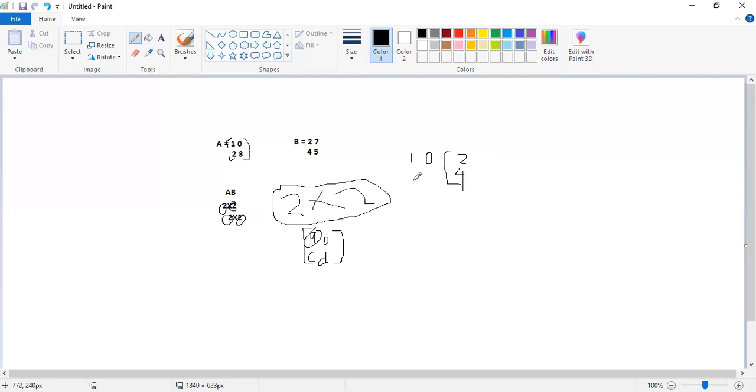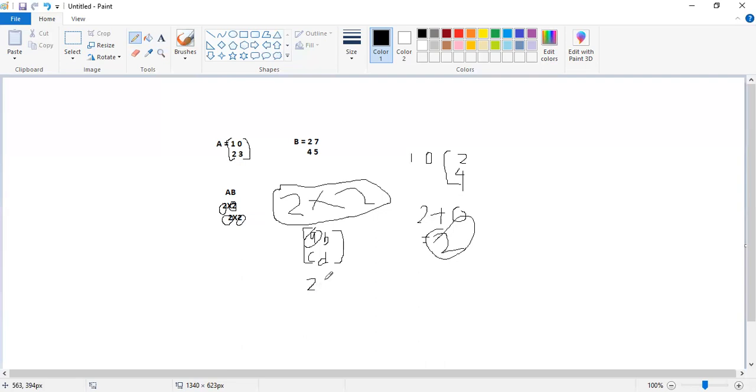So here we get 1 times 2 will give us 2, plus 0 times 4, which is 0, giving us 2. So this 2 has become the figure for A. Now we've gotten A's figure, which is 2.